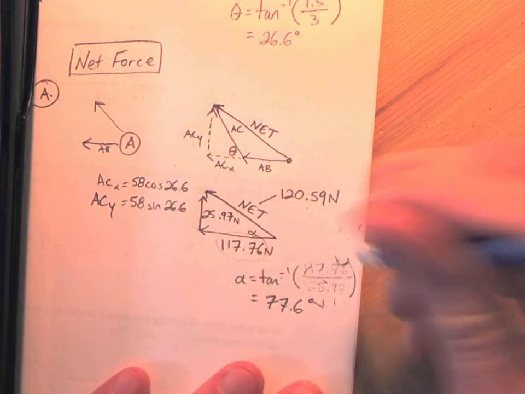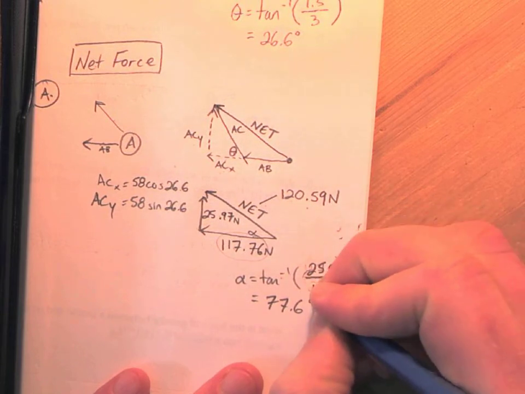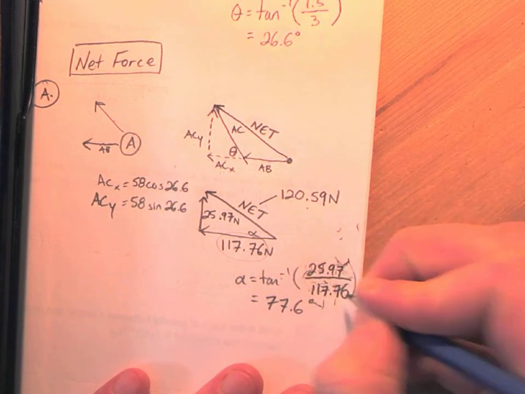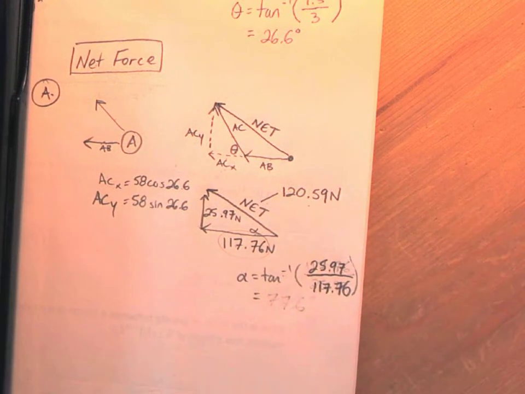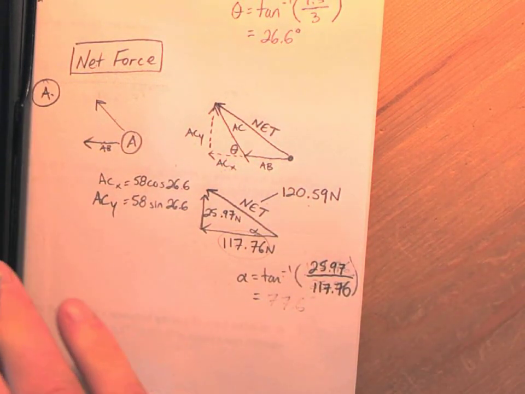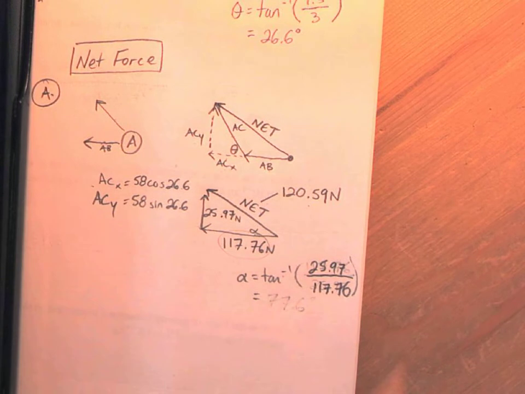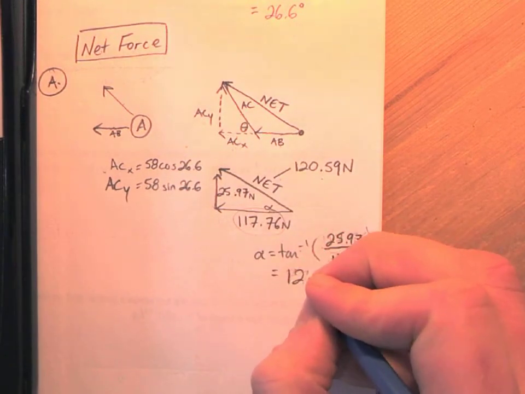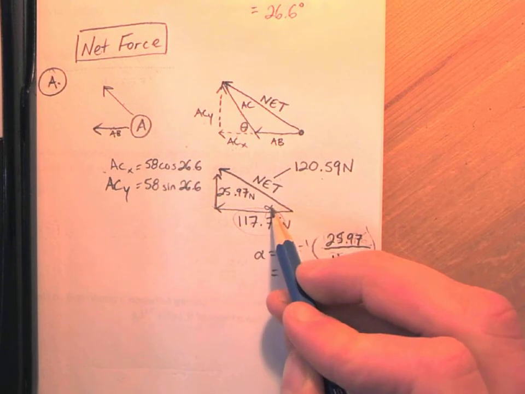So it's 25.97 over 117.76, and that should make more sense. There we go, and we get 12.45 degrees there. And that makes more sense.